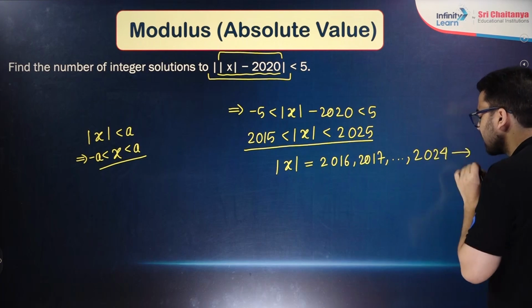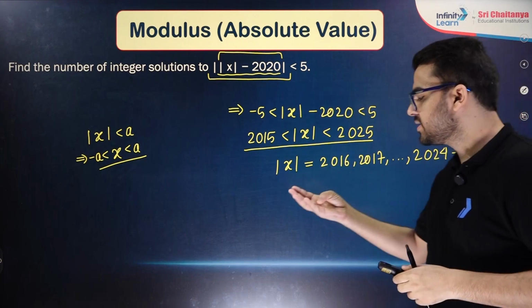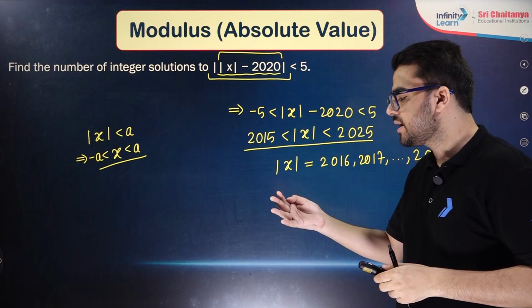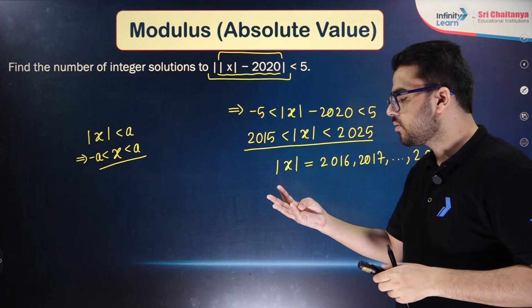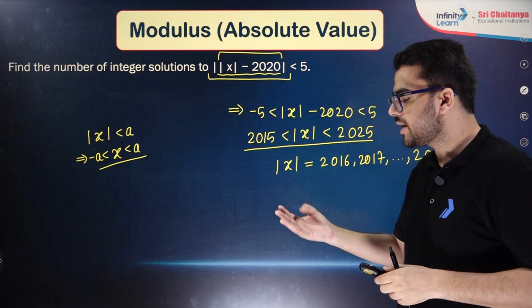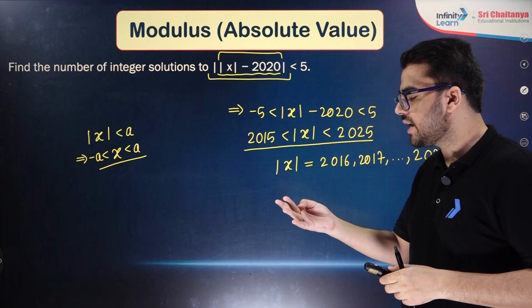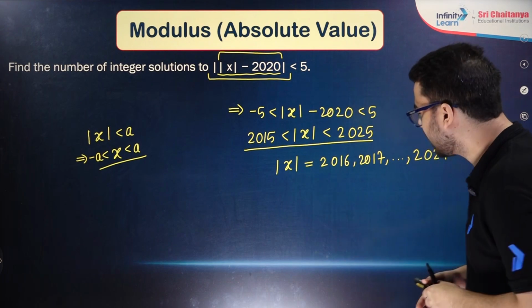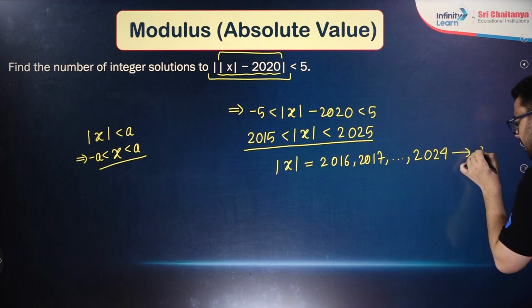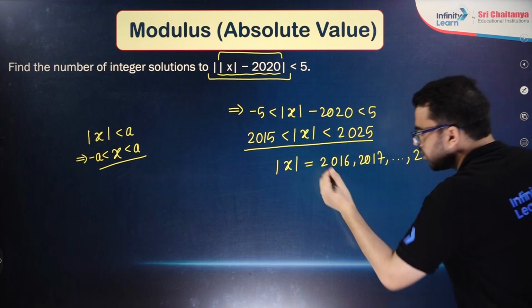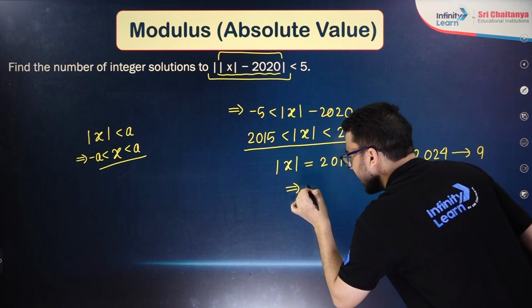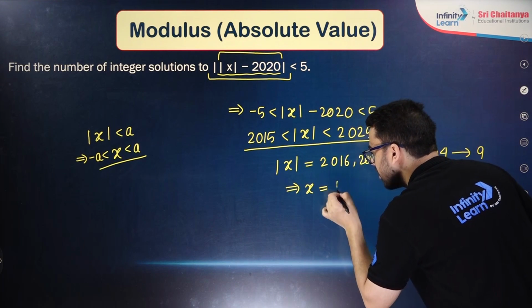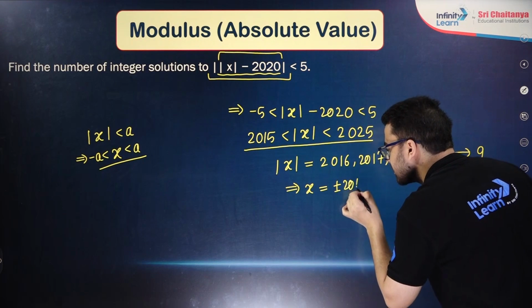How many values are there? You can just calculate it. You see, 16, 17, 18, 19, 20, 21, 22, 23, 24. That's 9. Right? You can calculate that. But that is for the positive values. So x will have how many values, guys? Will it not be plus minus 2016?